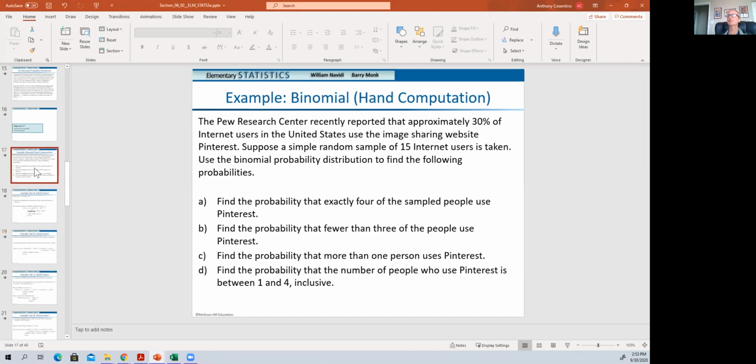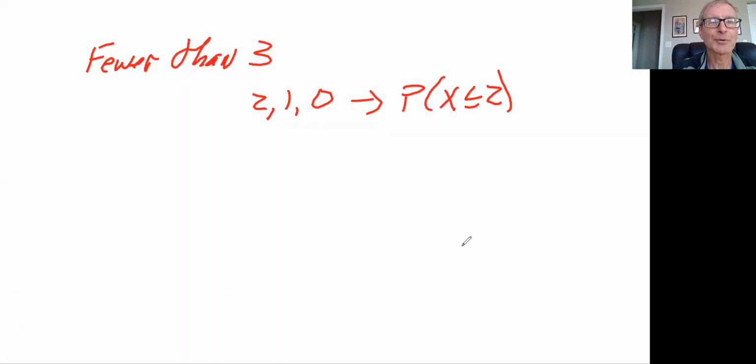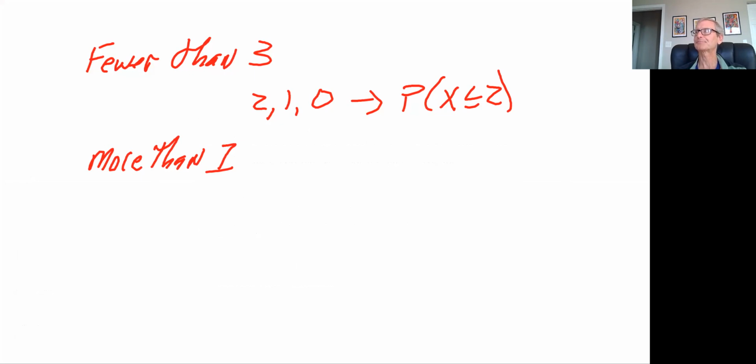So what does the next problem state? Find the probability that more than one person uses Pinterest. What do we do with more than one? Let's go back to the whiteboard. Mathematically, what do we do with that kind of statement in this discrete distribution?